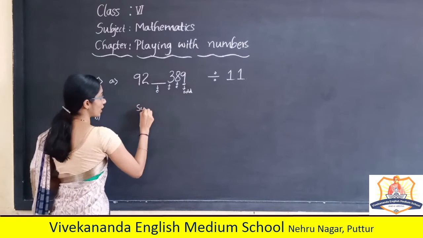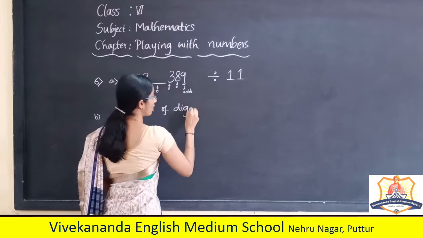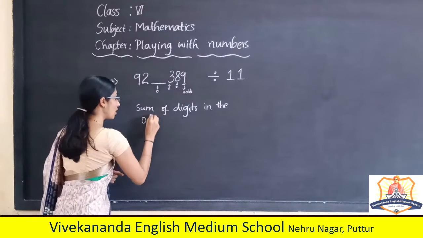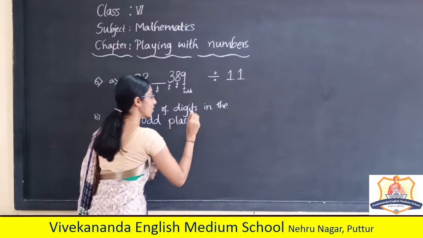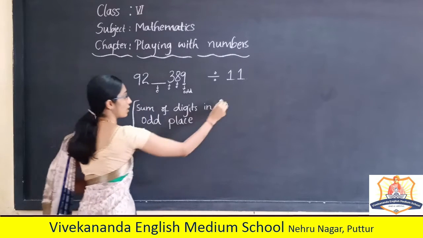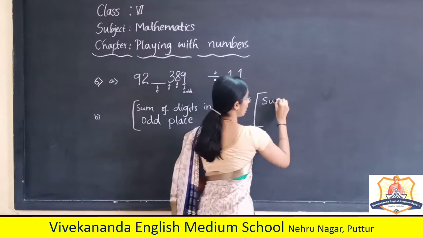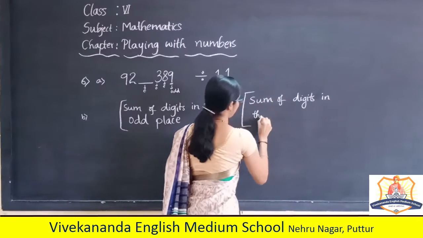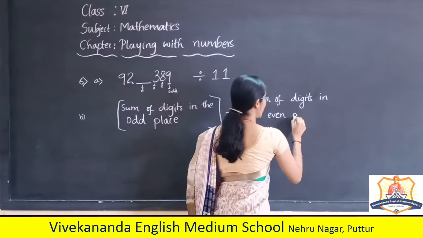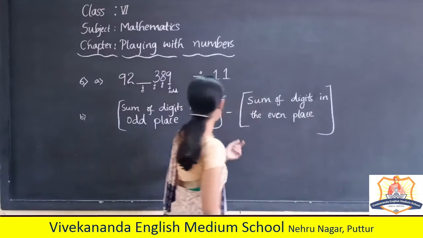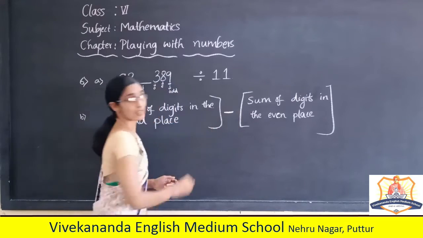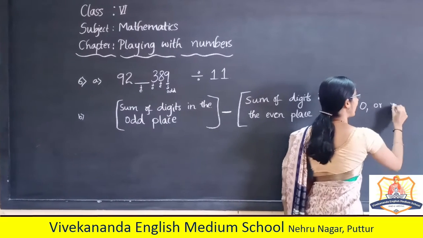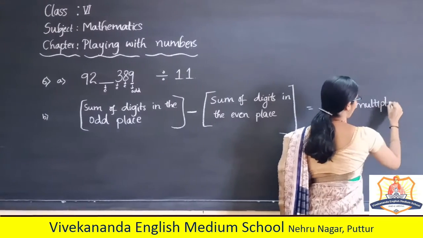The sum of digits in the odd place minus the sum of digits in the even place, and their difference is equal to either 0 or any multiple of 11.